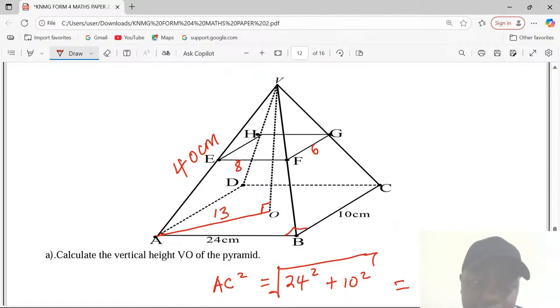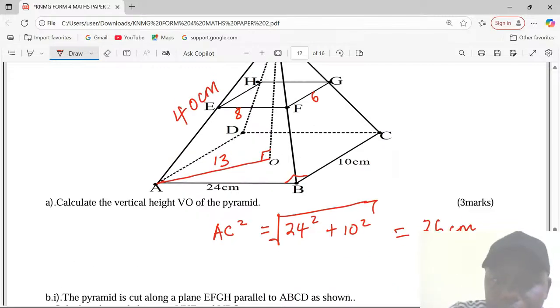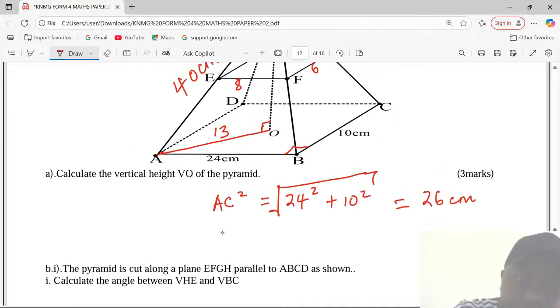So with 13 and 40, we can use triangle VOA to get VO. VO shall be Pythagoras theorem again.